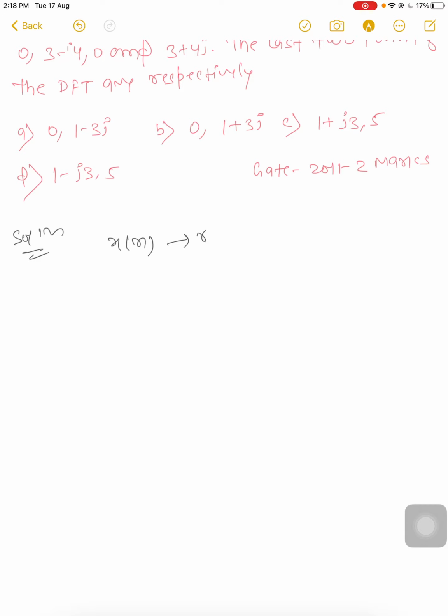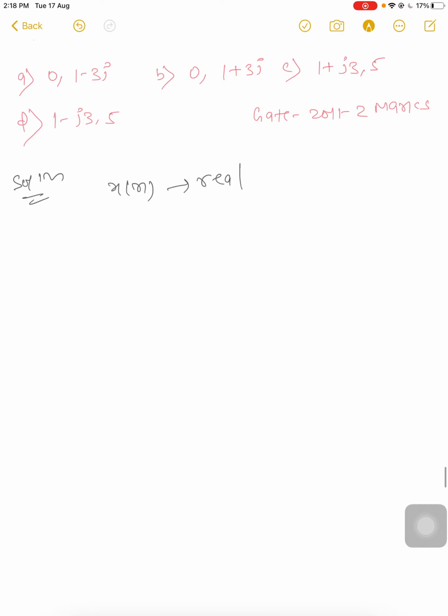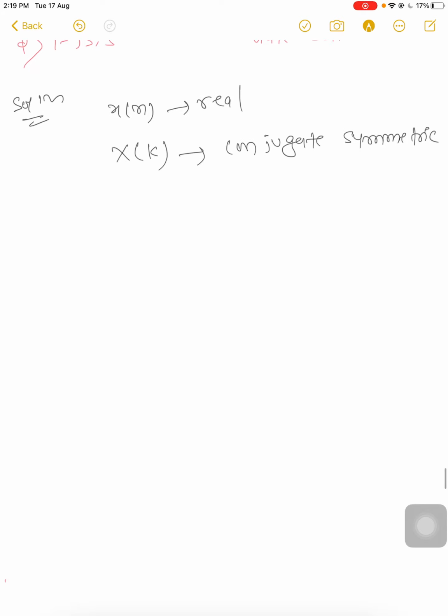See, xn is real. If xn is real, then the DFT Xk is conjugate symmetric. So Xk equals the complex conjugate of X(N minus k).